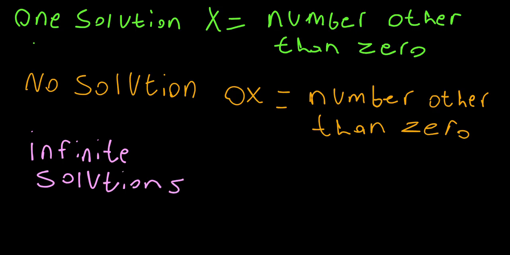And that is when 0x does equal 0. You then have infinite solutions. And again, you can think about that. Any x value multiplied by 0 is going to equal 0. So you can pick any real number, any number you can think of, and plug it in for x, and you will have a solution. That's why you have infinite solutions.